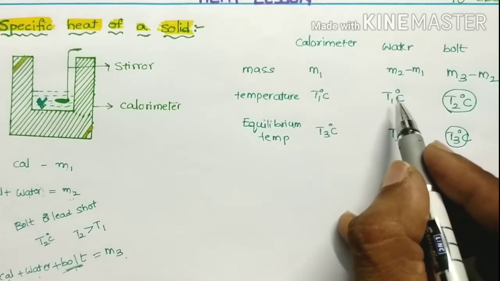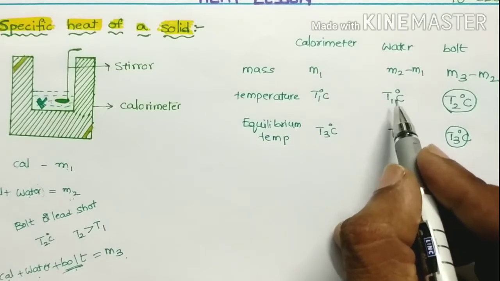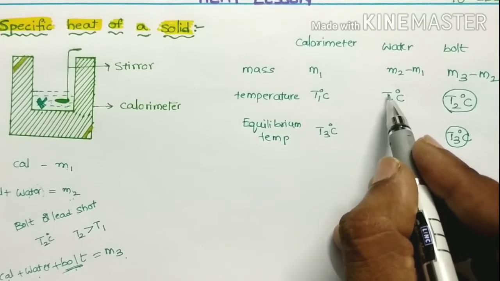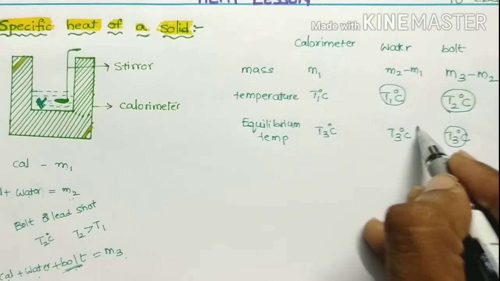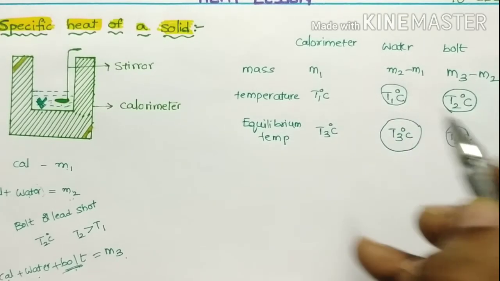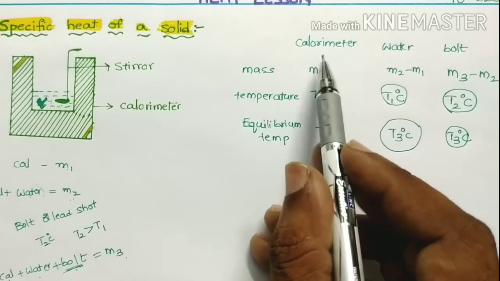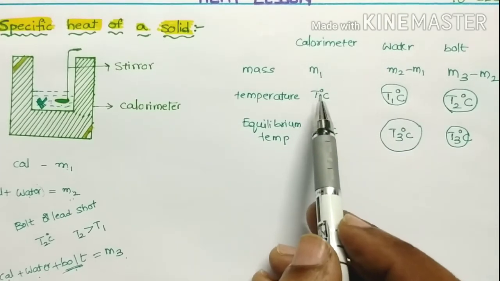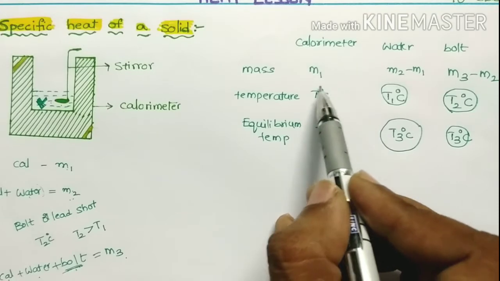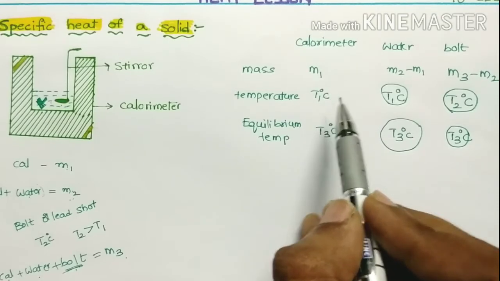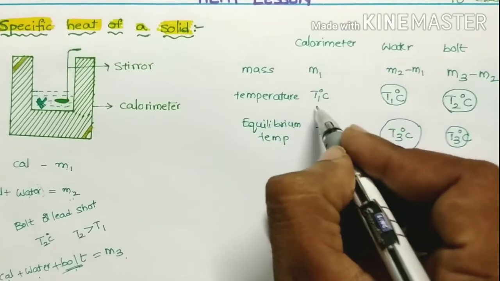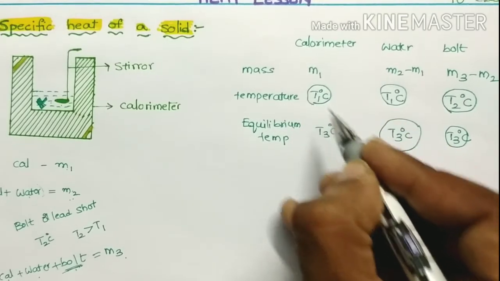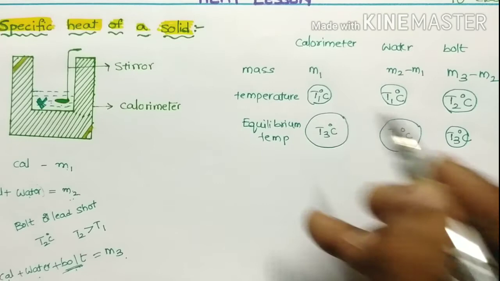The same heat is gained by water, whose initial temperature is T1 degrees centigrade, so T1 is less and T3 is more. The same process applies for the calorimeter, which is first at T1 and gains heat from the bolt to attain the equilibrium temperature, so T1 is less and T3 is more.